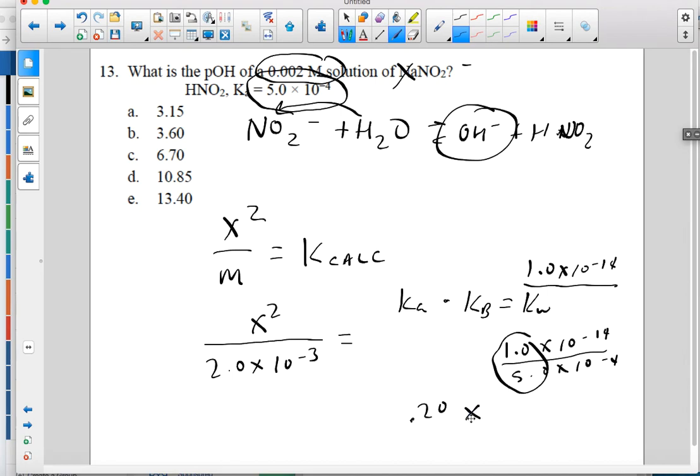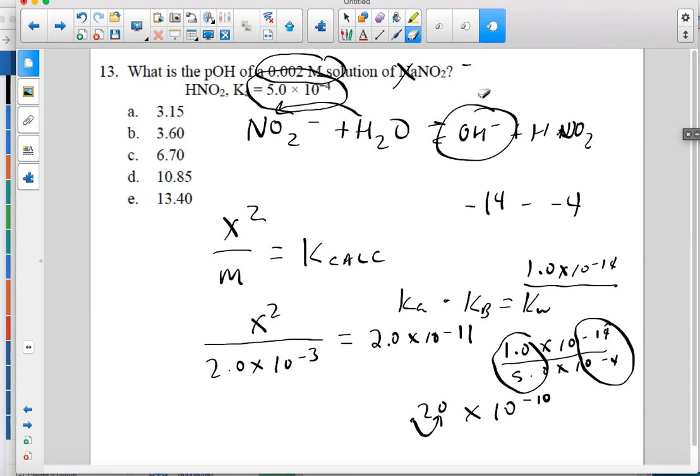And then for the exponent, whenever I divide in scientific notation, I do negative 14 minus a negative 4, which gives me 10 to the negative 10th. Except I'm going to slide that over, and ultimately I get 2.0 times 10 to the negative 11th. So now I'm all set to solve it.